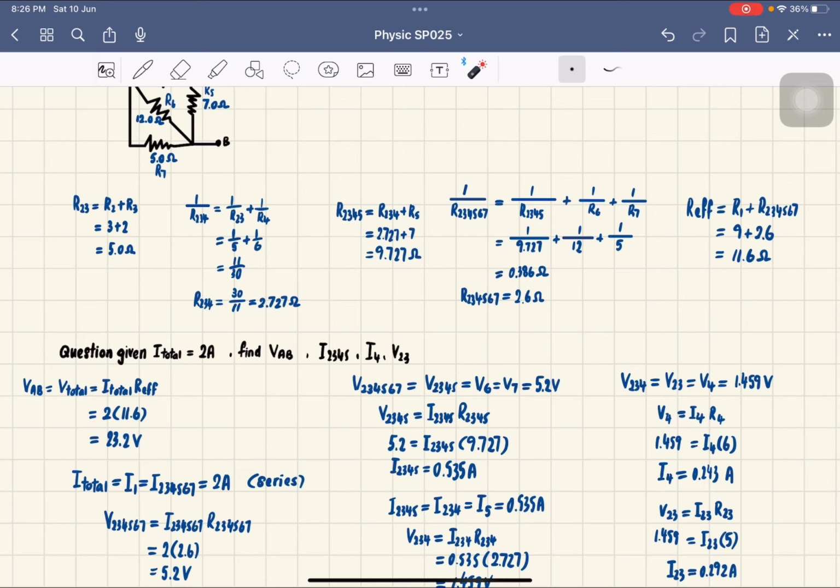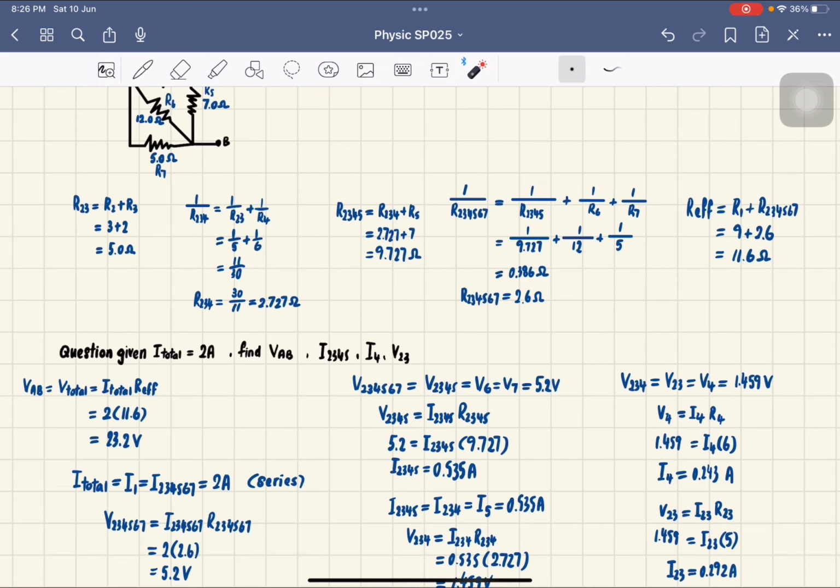Actually, VAB is also equal to V total. So by using the formula V equal to IR, I total times R effective, we will get the V total. The I total given is 2 ampere, and the R effective which we found just now is 11.6 ohm. So we will get the VAB, which is the V total, is 23.2 volts.